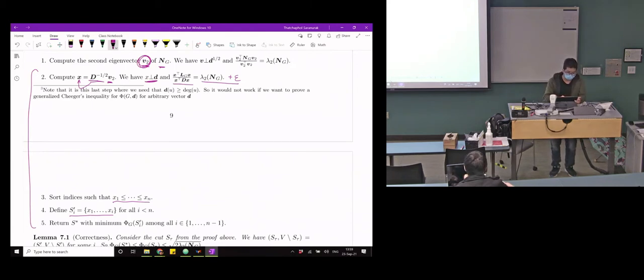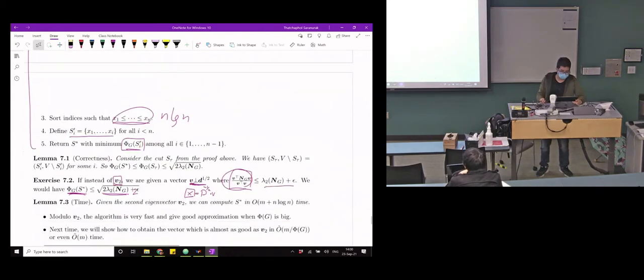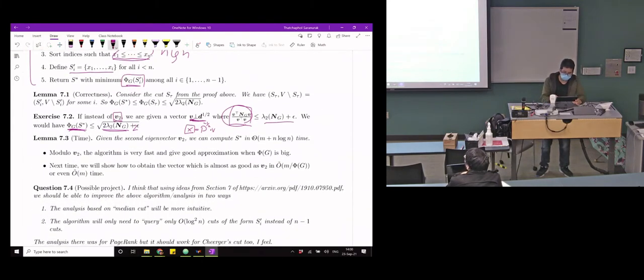The sorting is n log n, and finding the cut with smallest conductance among all these nested cuts in the sweep is also going to take linear time. So everything is fast except computing the eigenvector.